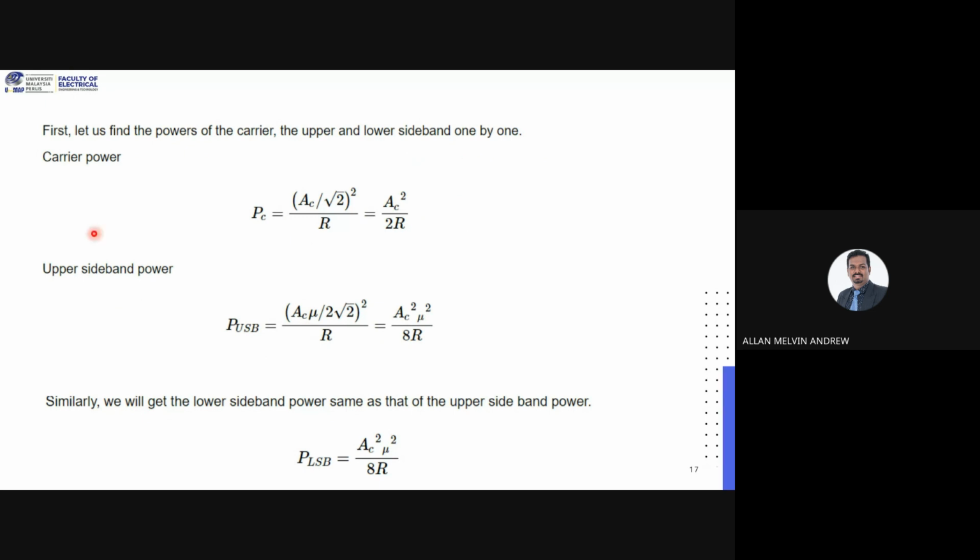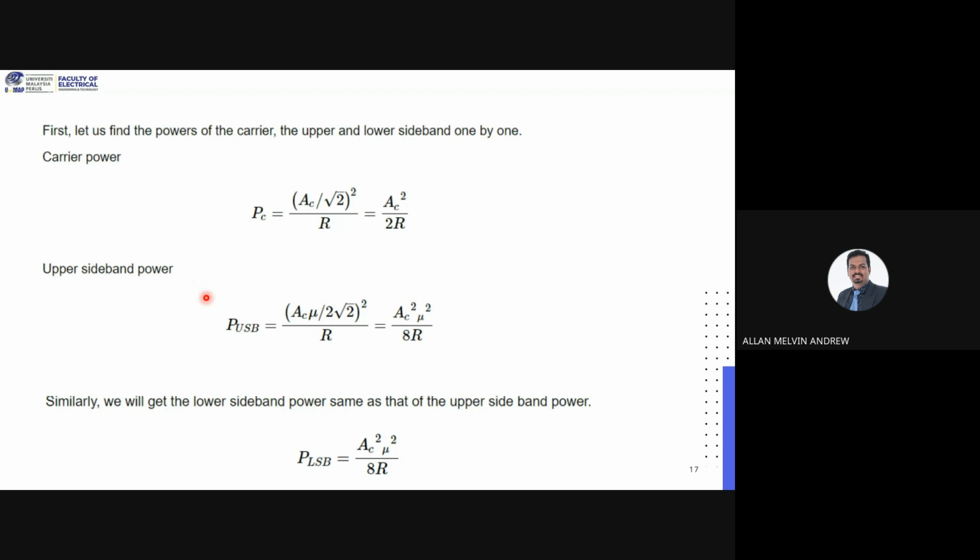Let's say you want to calculate the carrier power. PC, you replace in the previous formula: AC over square root of 2, squared, divided by R. So you will get the carrier power as AC square over 2R.